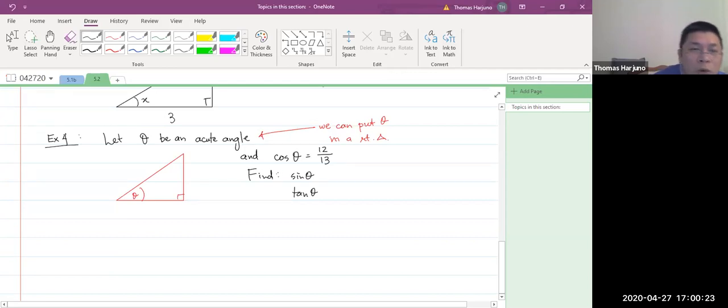Now, once we know that theta is an acute angle, which means we can put it in a right triangle, then you can use this idea that cosine is adjacent over hypotenuse, right? So this is the hypotenuse. This is the adjacent of theta. That's 12 here, 13 here. Then by Pythagorean triplet, what will this be? 5.